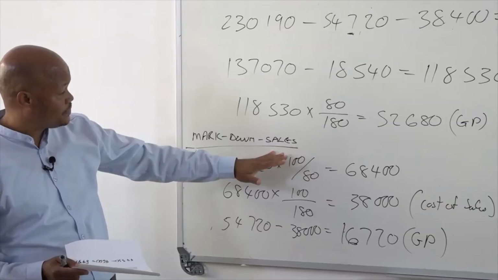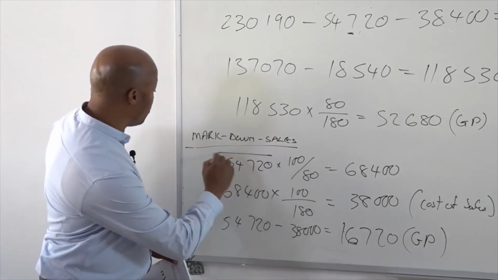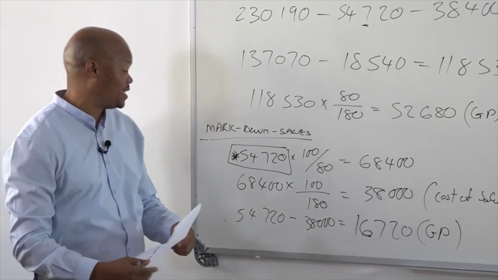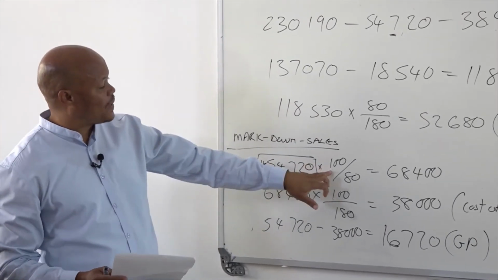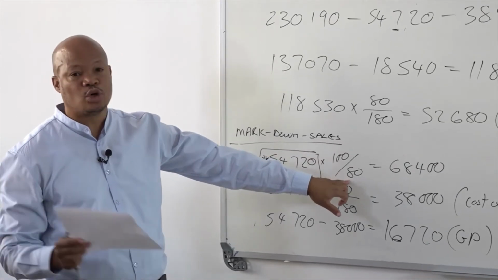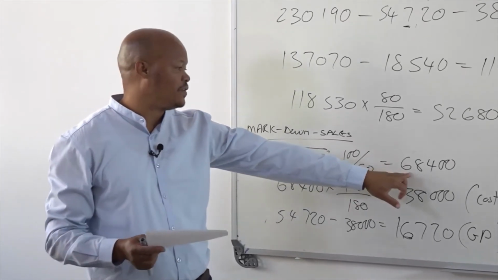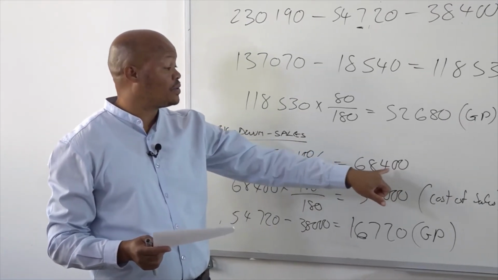Markdown sales. I also would like you to block the 54,720, and I'll tell you just now why. Multiplied by 100 divided by 80, because we've sold this less 20%, it gives you 68,400.